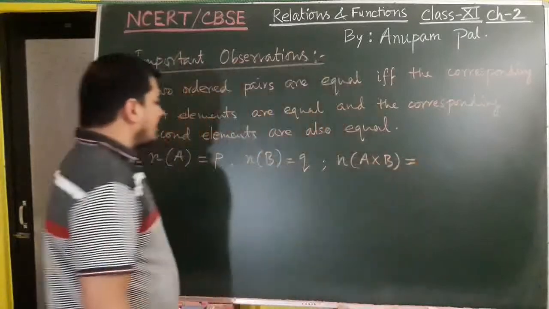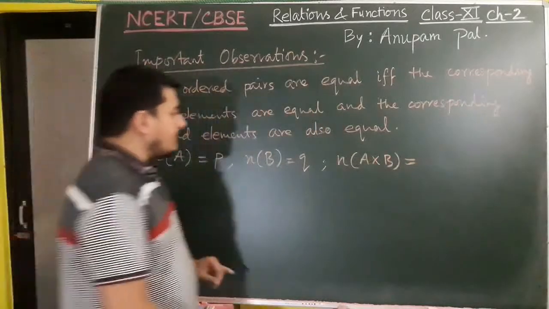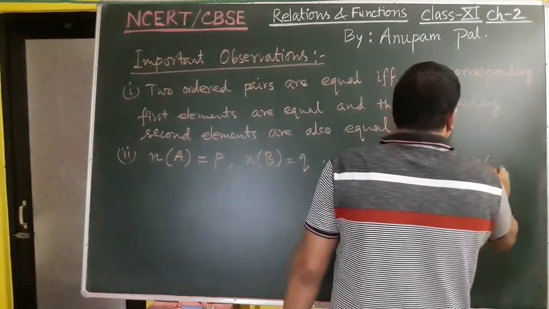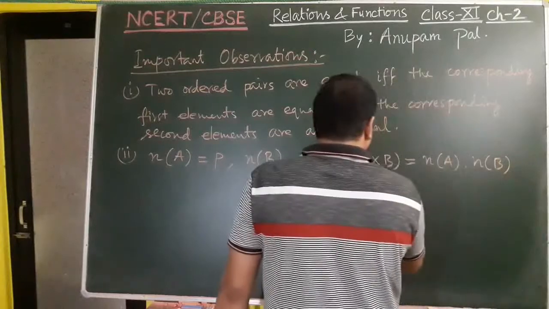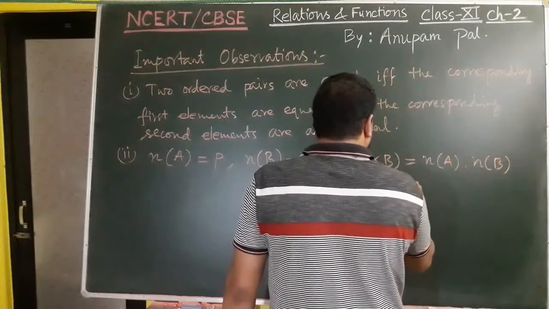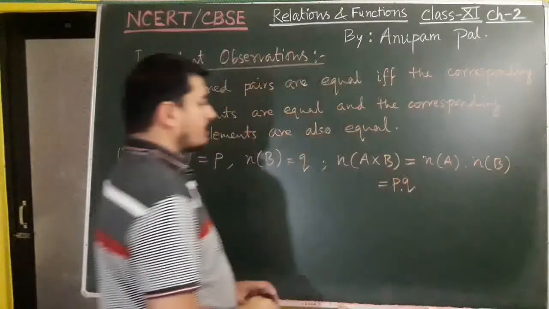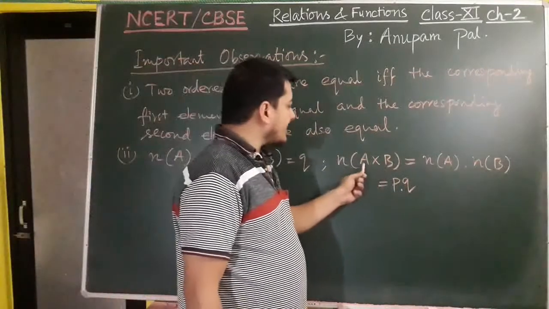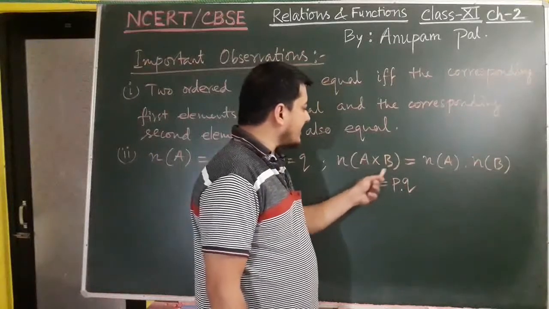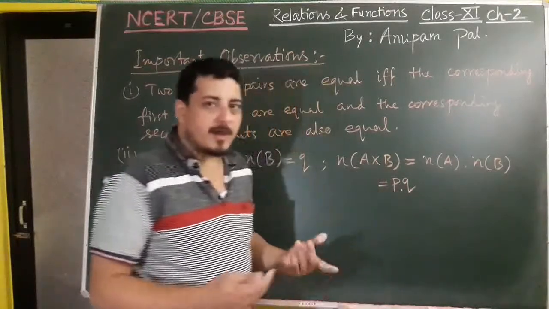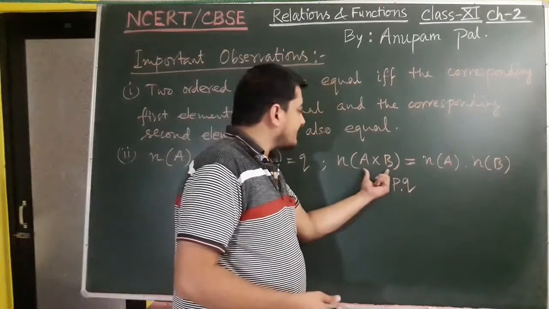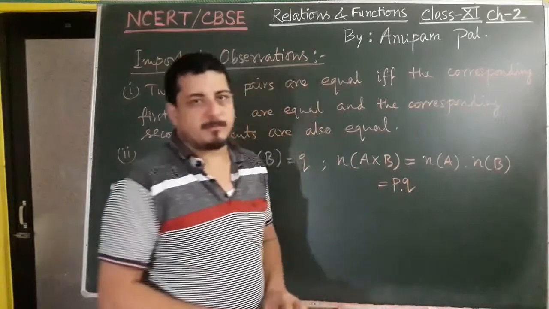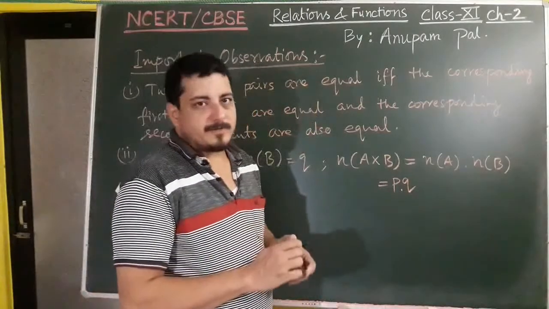This will be n(A) multiplied by n(B), which is nothing but p multiplied by q, pq. So the cardinal number of this cross product AB will be pq. That means this cross product will have pq ordered pairs.